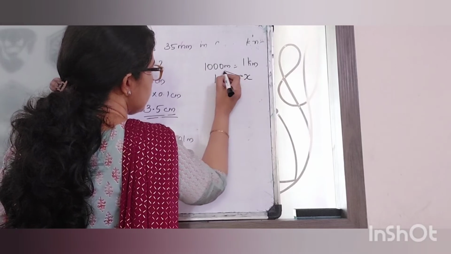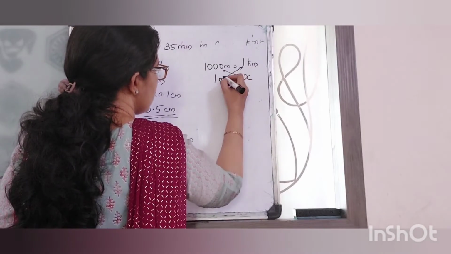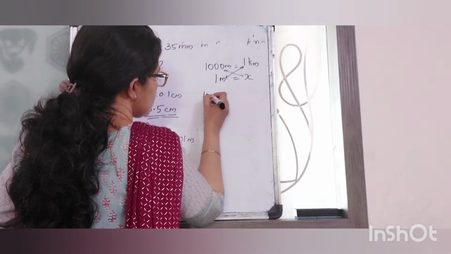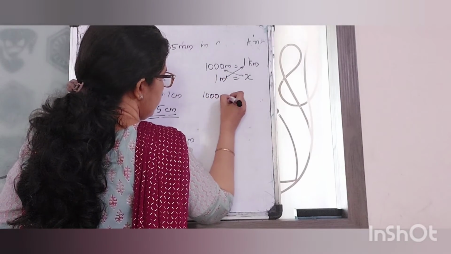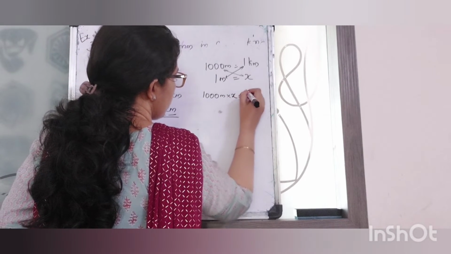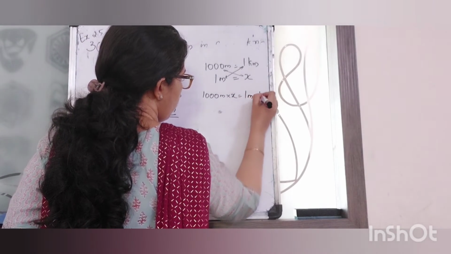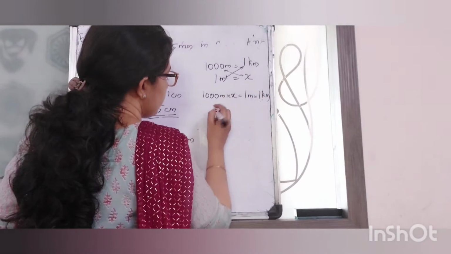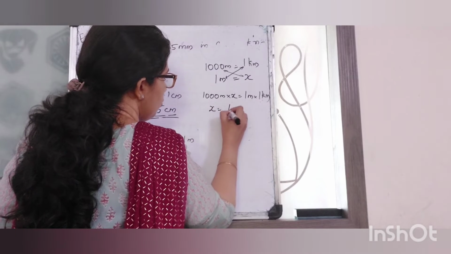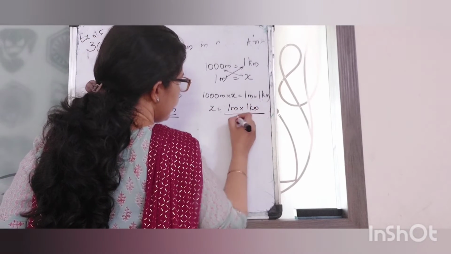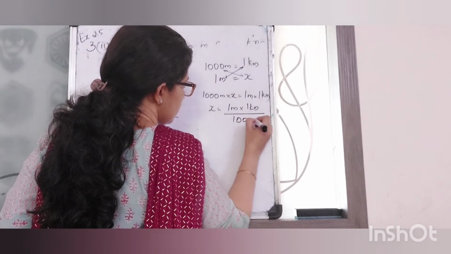You can cross multiply, and 1000 meter into x is equal to 1 meter into 1 kilometer. So we have to find the value of x. x is equal to 1 meter into 1 kilometer divided by 1000 meter.